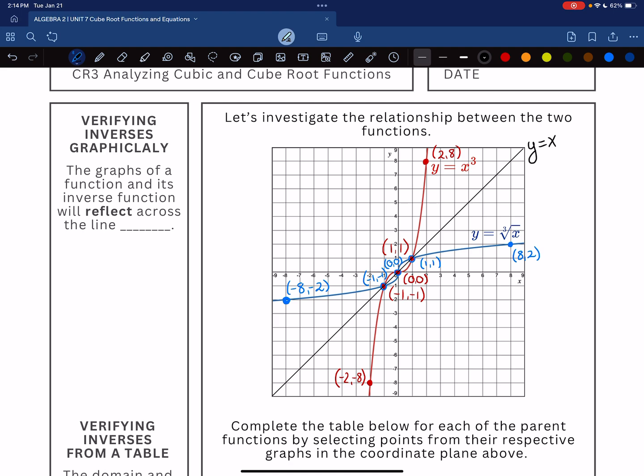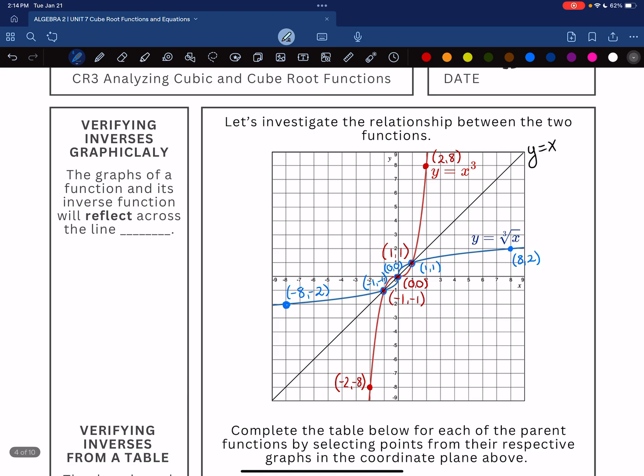And every one of these points is actually a reflection across that line. What do I mean by that? Well, each of these points, let me kind of connect them for you here. These points reflect across that line. They are equidistant, perfect reflections across that line from one another.